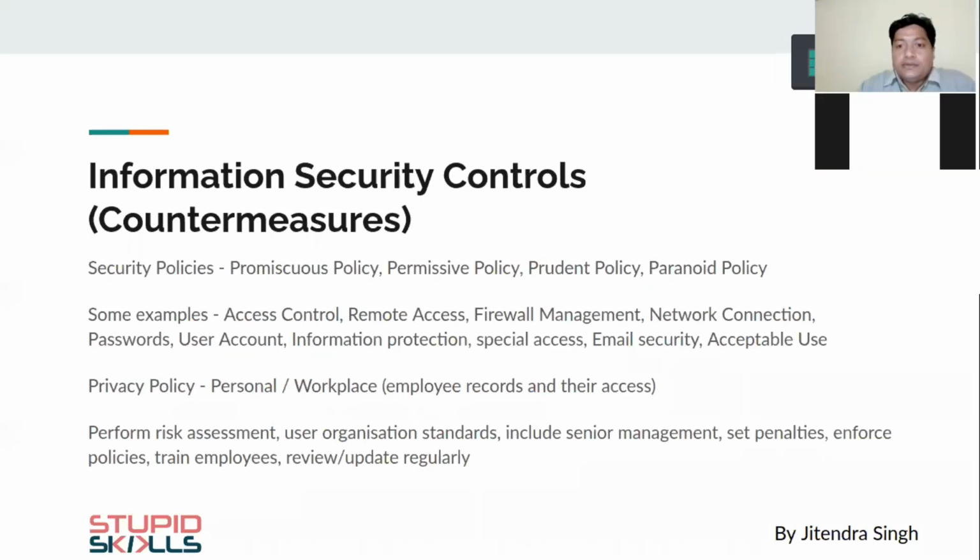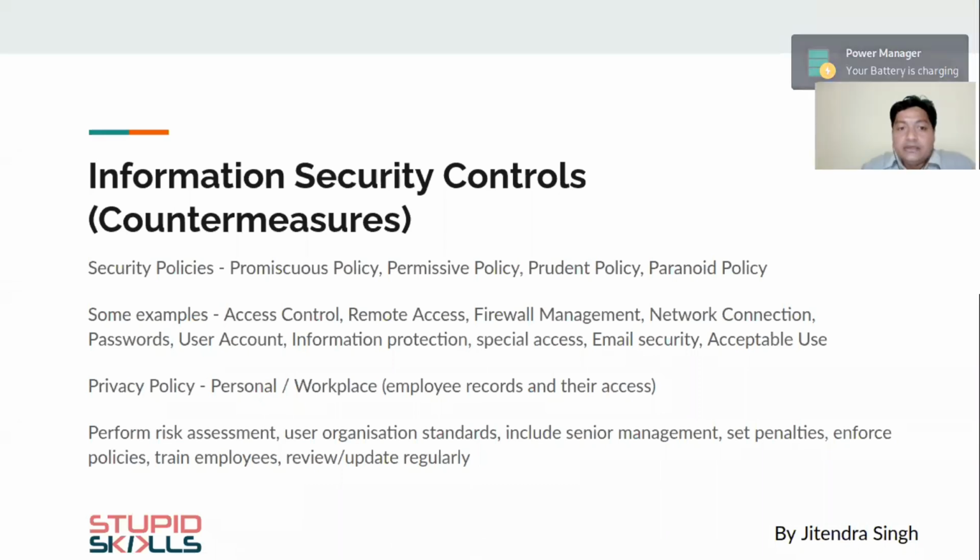So these attacks are there, but what are we as good guys doing to prevent them? What organizations do is create policies. Generally you would find that, based on the level of interaction that you would provide, they are termed promiscuous, permissive, prudent, and paranoid.